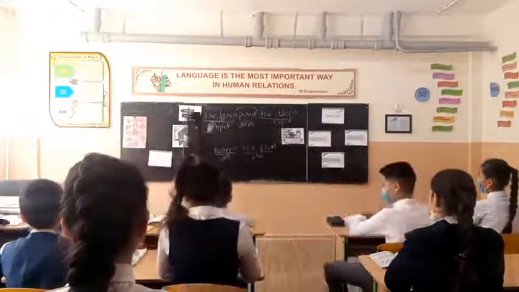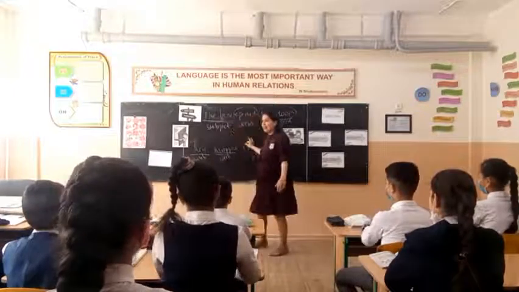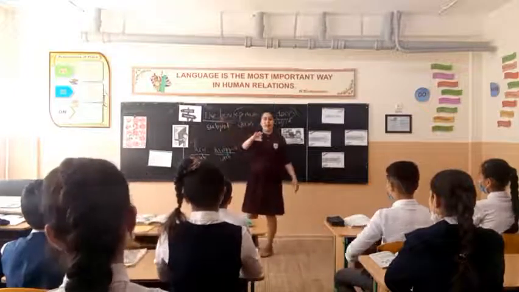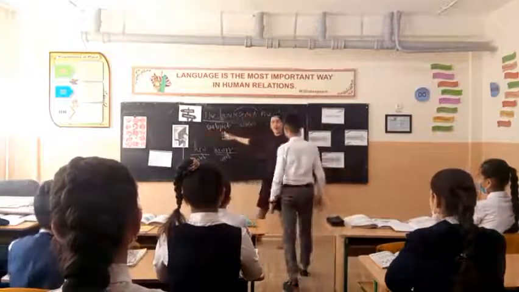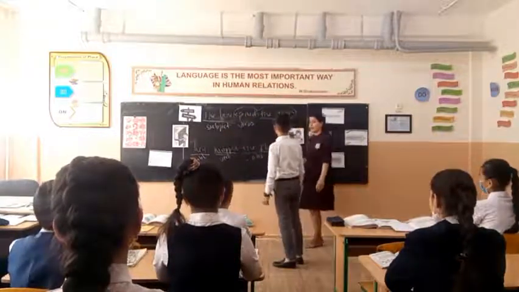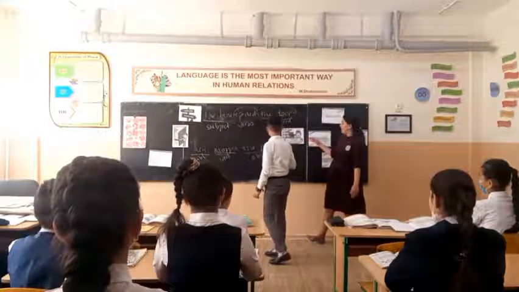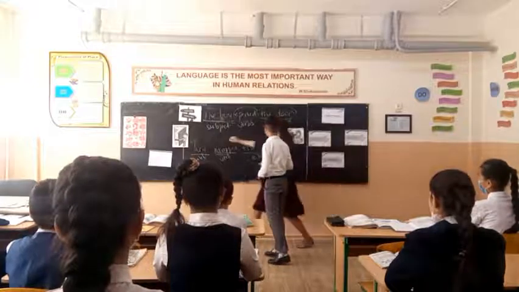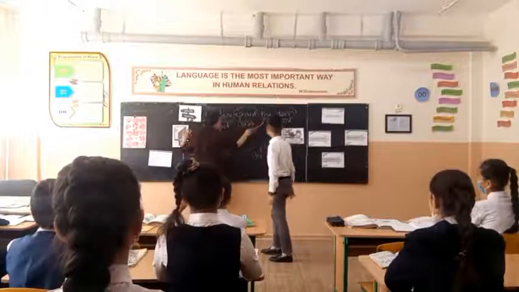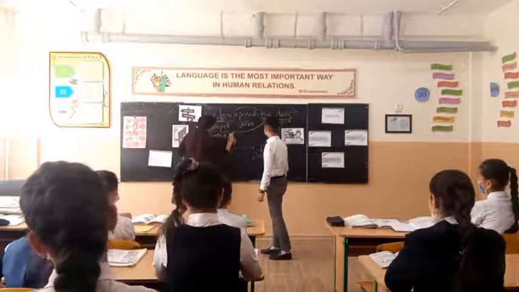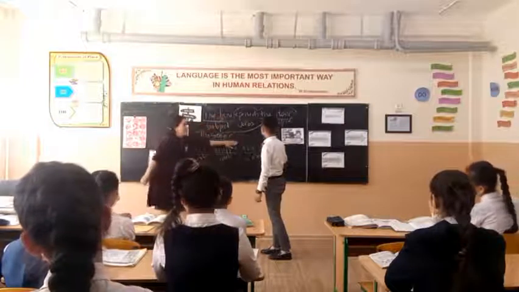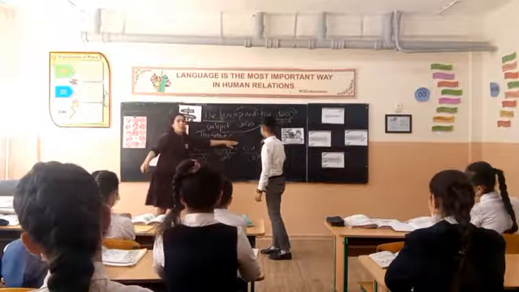Let's make these sentences passive then. Who can help me? You please. Let's make this sentence passive. How can we do that? The door. Okay, first of all, let's move the object here. The door. To be verbs. Which one?